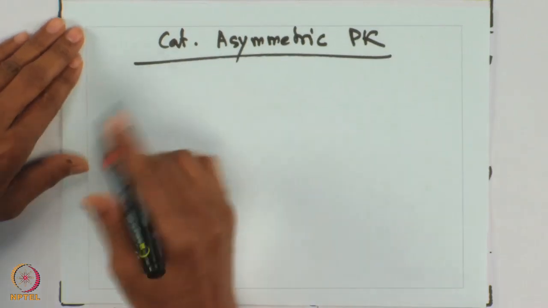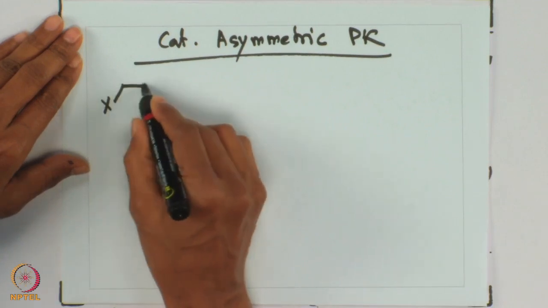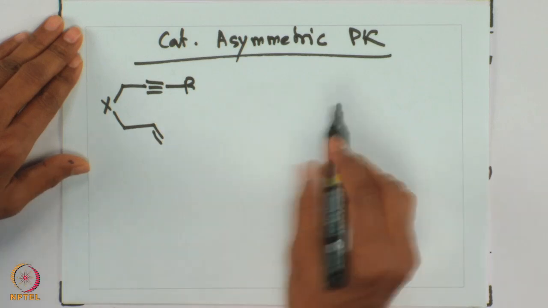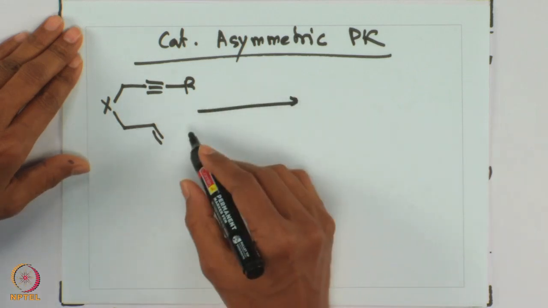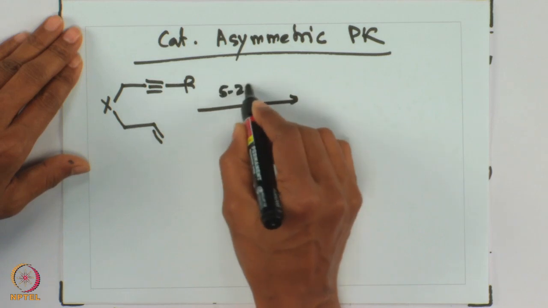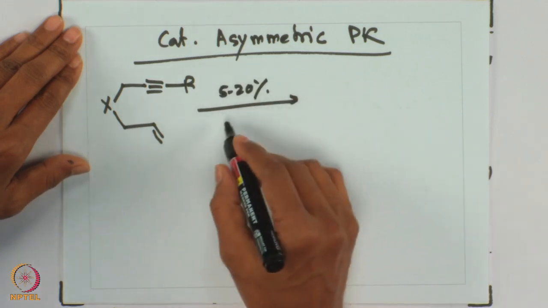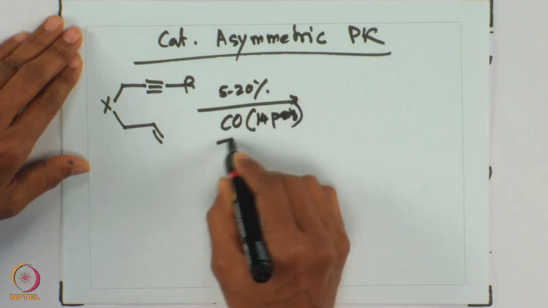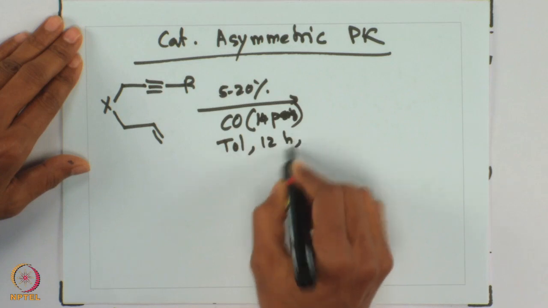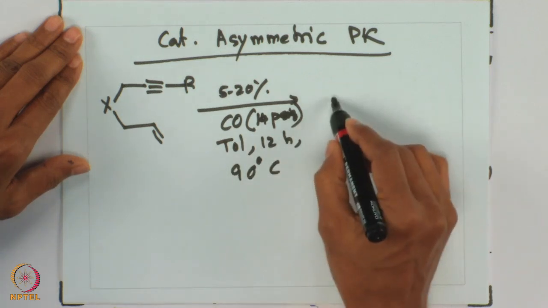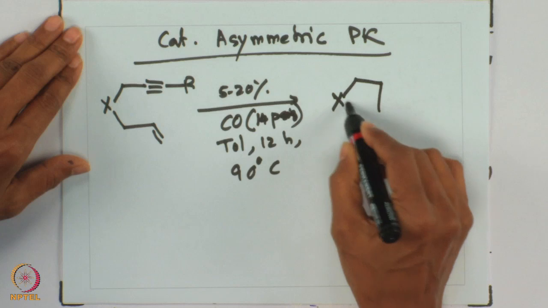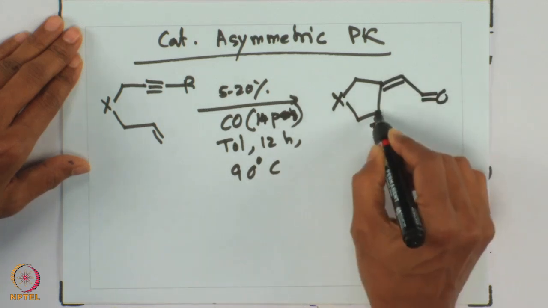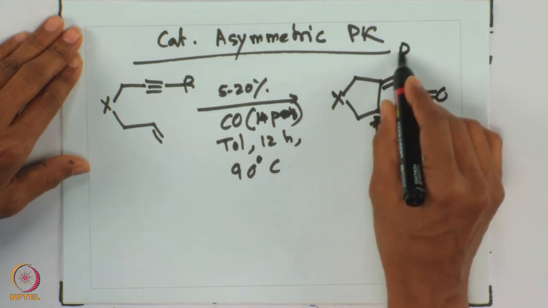Well, we will take the intermolecular version of course at this point. Okay. So, that is rightly and nicely set. You take 5 to 20% of the titanocene complex and CO 14 psi, toluene and 12 hour 90 degree C, you get the stereocenter that could be generated right over here, and then cyclopentanone can be generated from this product quite efficiently.